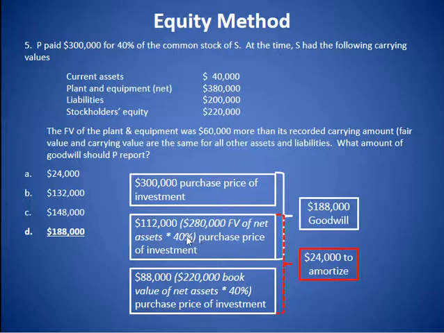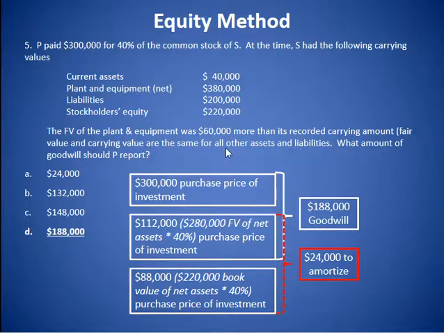So in this case, it's going to be our current assets plus our net equipment, which would be $420,000, minus our liabilities, which would be $220,000, but then we have to add the fair value of our plant and equipment, which would be $60,000 more.